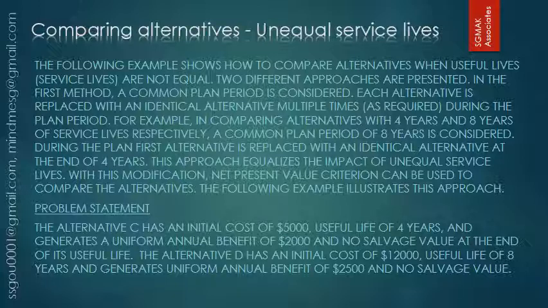So here is an example with numerical values. Alternative C has an initial cost of $5,000, a useful life of 4 years, and generates a uniform annual benefit of $2,000, with no salvage value at the end of its useful life. The other alternative, alternative D, has an initial cost of $12,000, a useful life of 8 years, and generates a uniform annual benefit of $2,500, also with no salvage value.